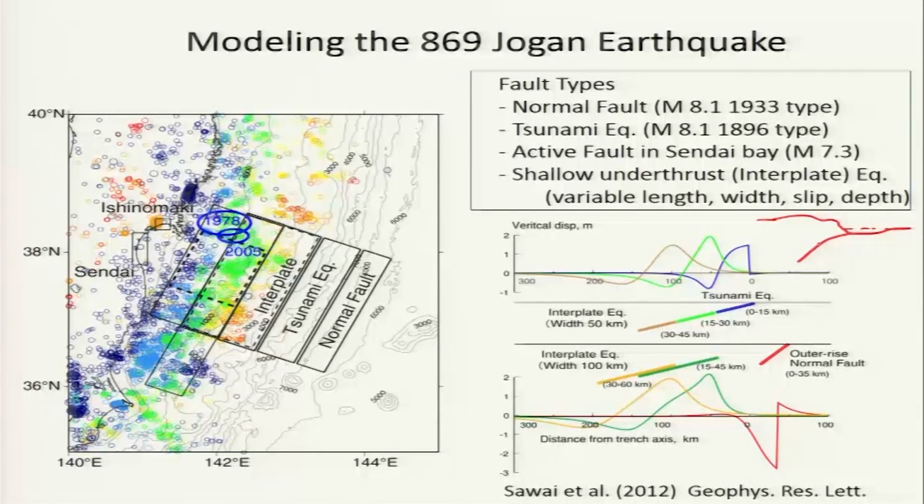Suppose this deeper portion, which has been shown here with the light green, ruptures, then this area will get uplifted and the down dip tip of this one will be subsided. Similarly for this case also.